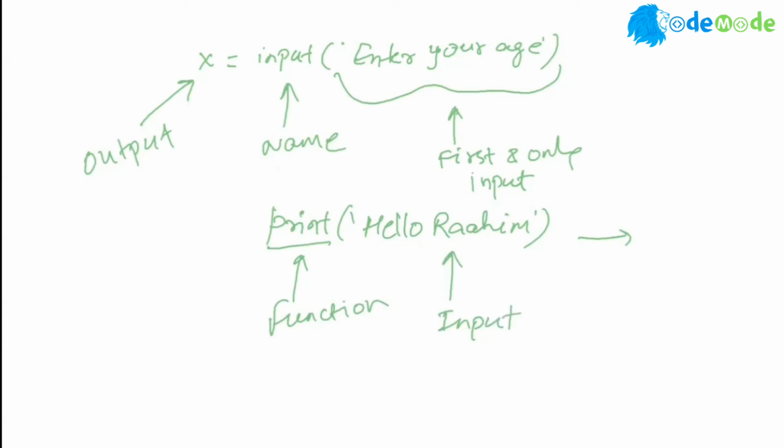Whatever input you give, it is printed on the screen. So in some cases, or I would say in rare cases, a function may not give any output. In fact, in some cases, a function may not need any input, which is very rare.